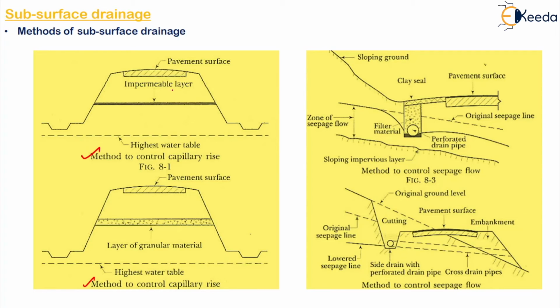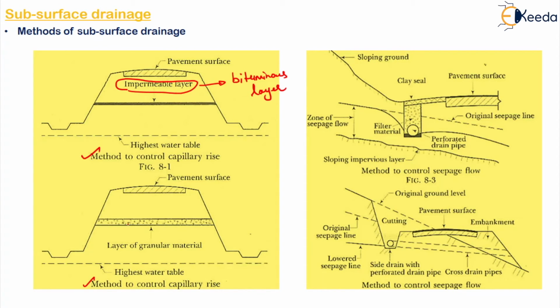The first one is we have to insert an impermeable layer between your pavement surface and the highest water table. Normally this layer will be a bituminous layer.